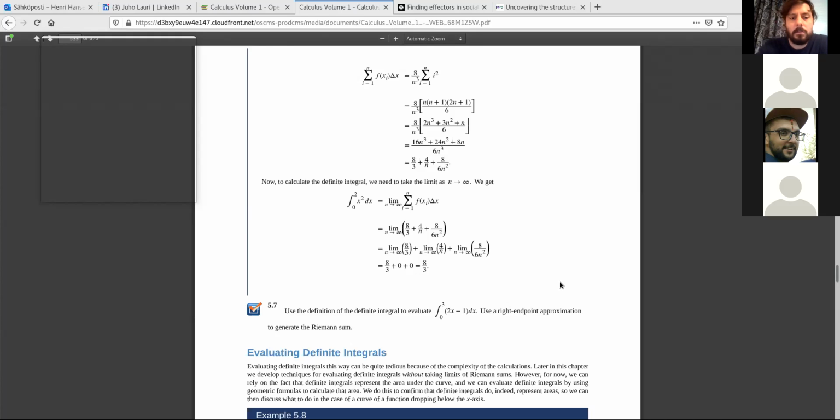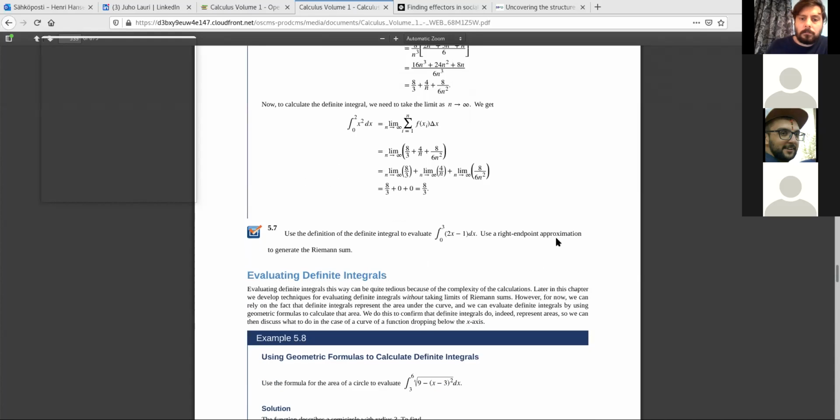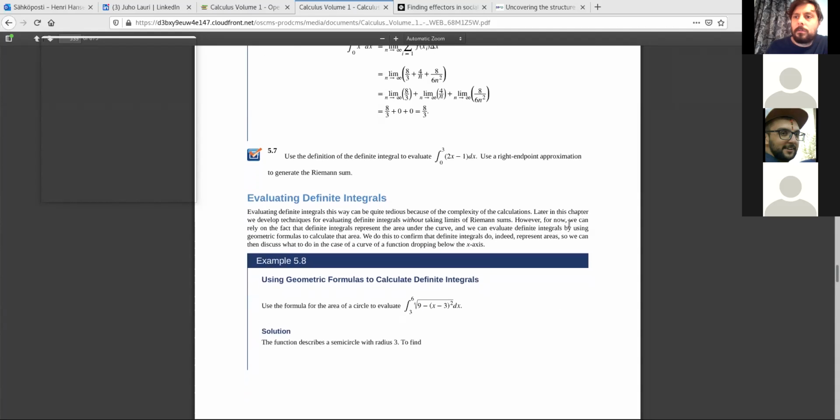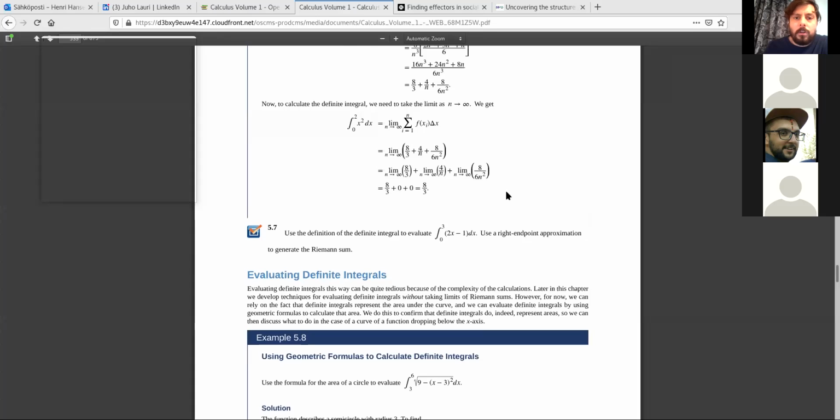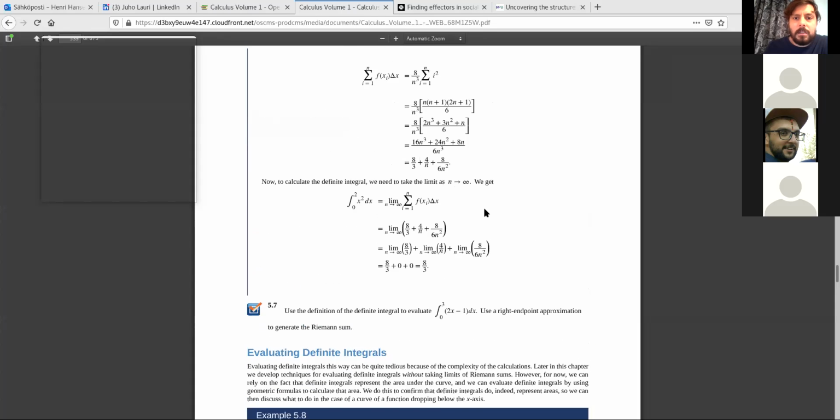So that's fine. I'm going to now give you a group assignment, use 10 minutes or so. Find this 5.7. Use the definition of the definite integral to find this integral of 2x minus 1 from 0 to 8. And focus on formulating this sum.